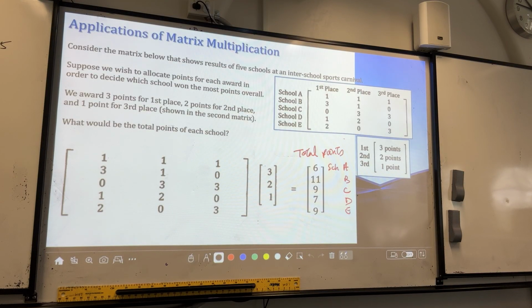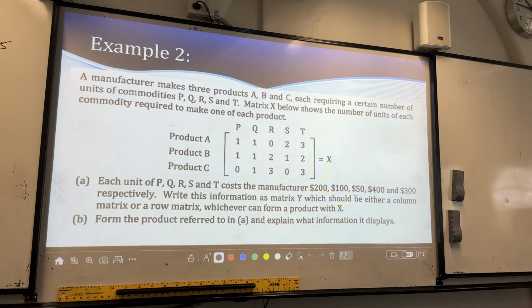All right, let's have a look at example 2. A manufacturer makes 3 products, A, B, C, and each requires a certain number of units of commodities P, Q, R, S, T. Matrix X below shows the number of units of each commodity required to make 1 of each product.